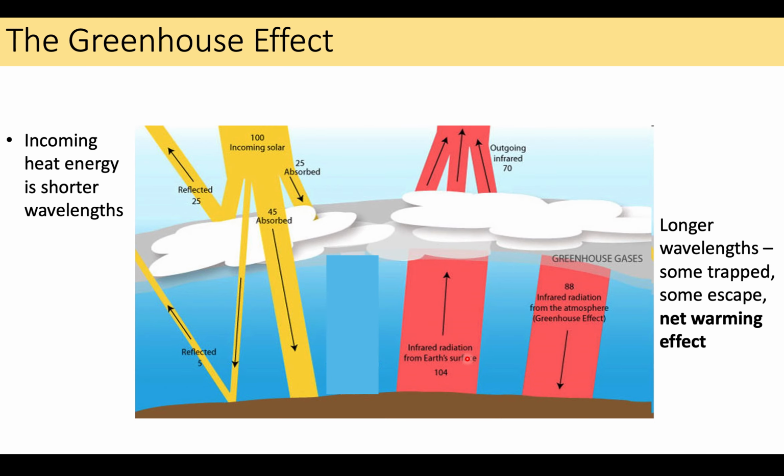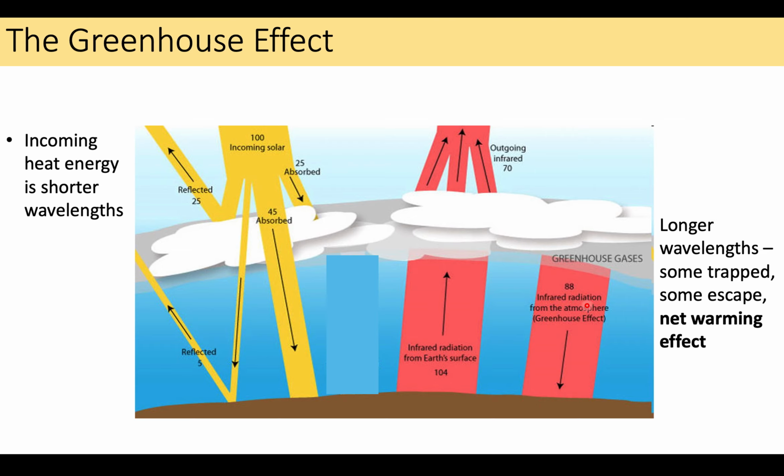So instead of the energy from Earth's surface all making it out to space, some of it is captured. We say captured, but it's absorbed by gases in our atmosphere. So we say that the longer wavelengths, the outgoing longwave radiation, are trapped by our greenhouse gases. Not all of it, some of it escapes. But the greenhouse effect essentially is causing a net warming effect.